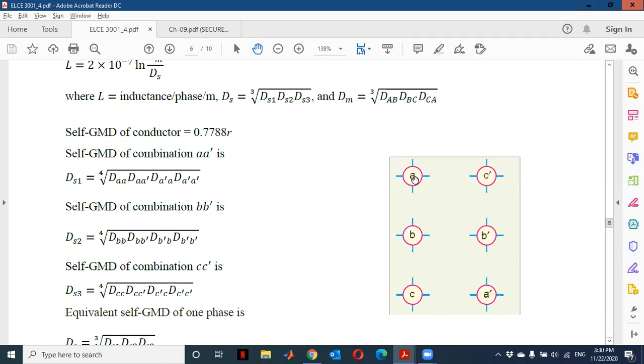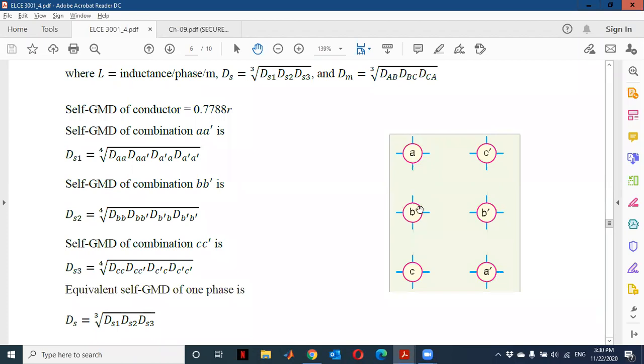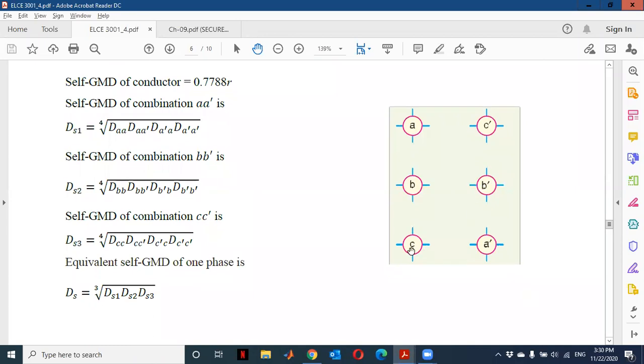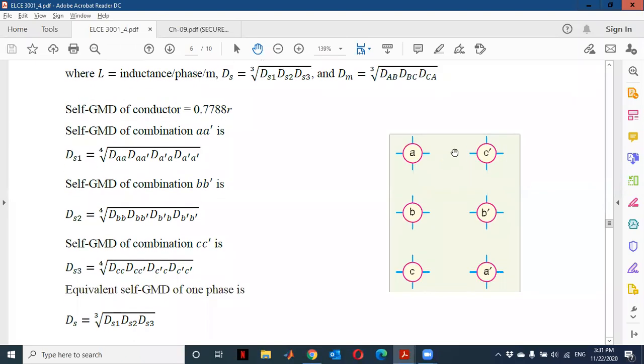For B it is B to B, B to B dash, B dash to B, and B dash to B dash. For C, again, it is from conductor C to C, C to C dash, C dash to C, and C dash to C dash. If you just understand how to draw, you don't have to memorize the equation. It's going to be easy. This is called self GMD.